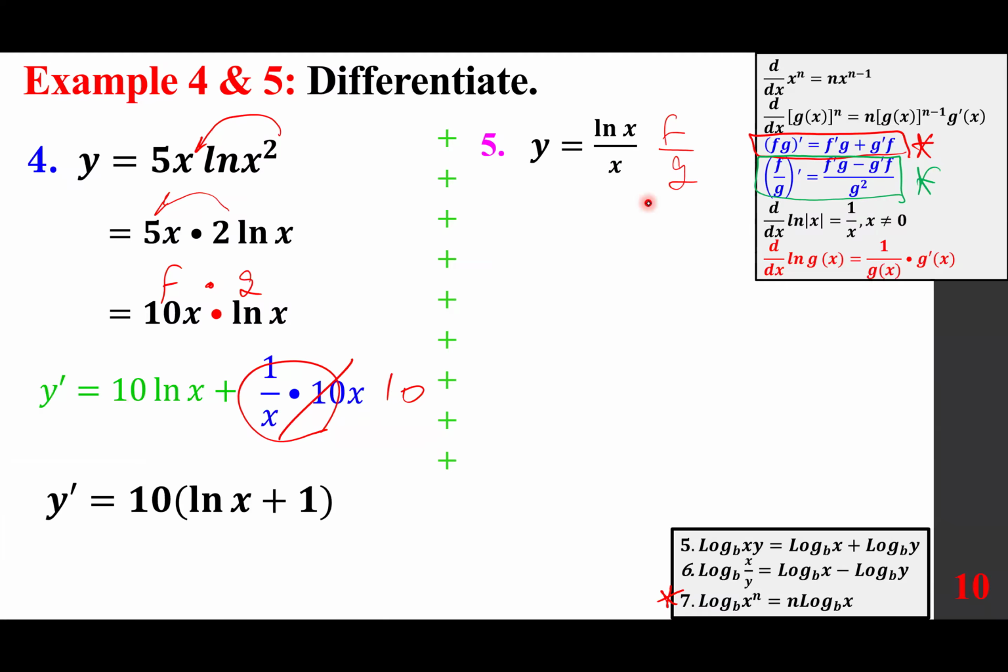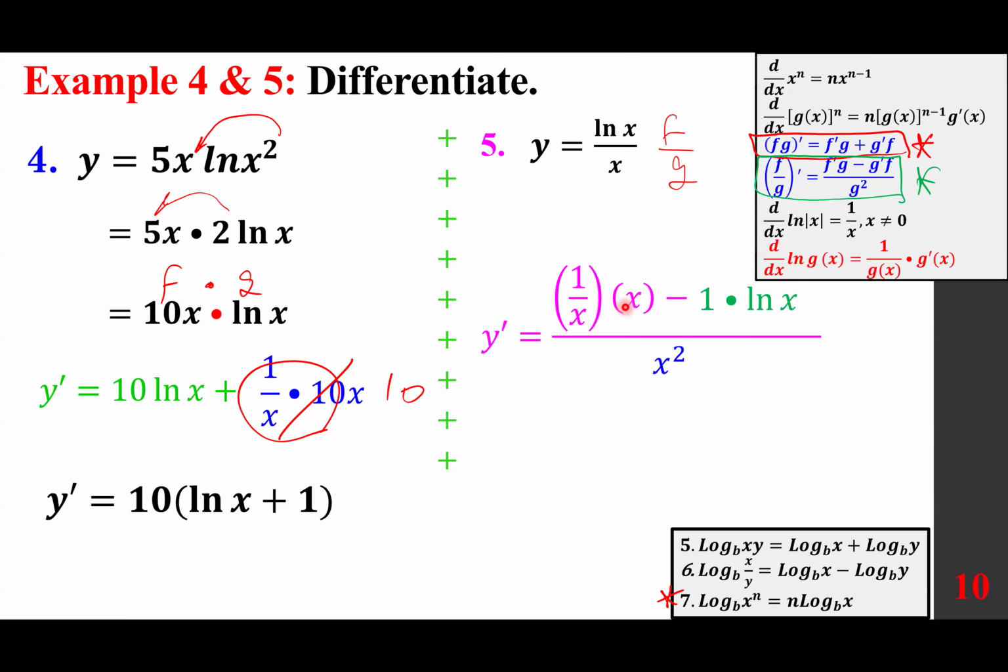So f prime g minus g prime f over g squared. f prime is 1 over x times g, which is x, minus g prime, which is 1, times ln x. And just write the bottom and square it. g squared becomes x squared.